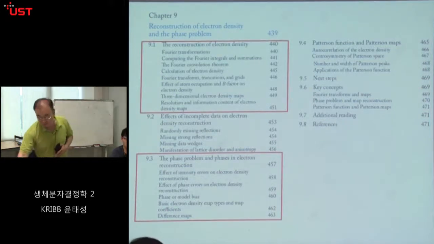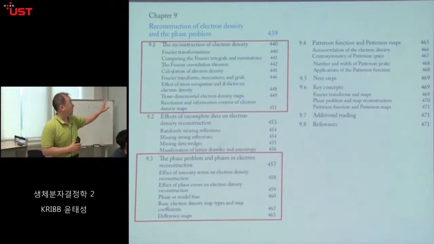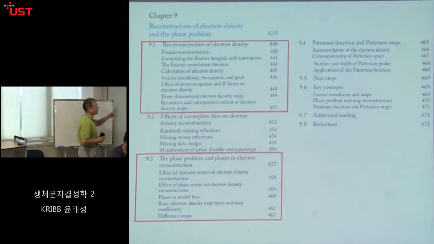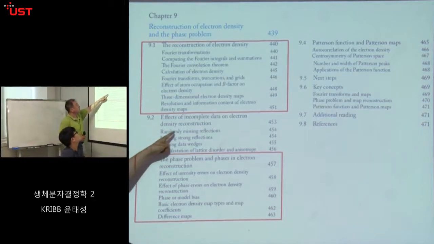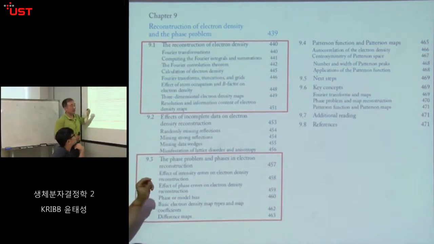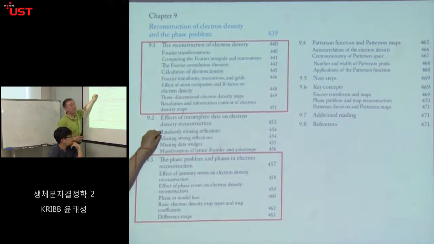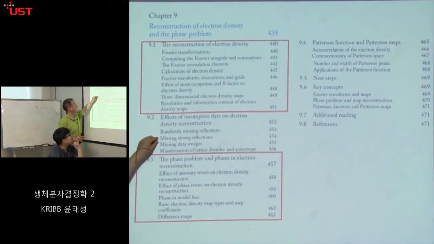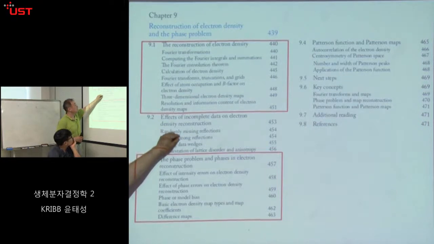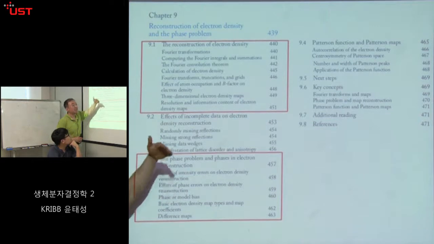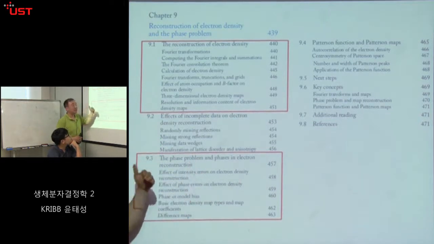Actually, what we have here is incomplete data, so I directly emphasize this point. Randomly missing reflections, as I told you, are not a problem at all. But if you miss some part systematically, so that strong reflections are lost, then we have some effect, a kind of rippling effect.